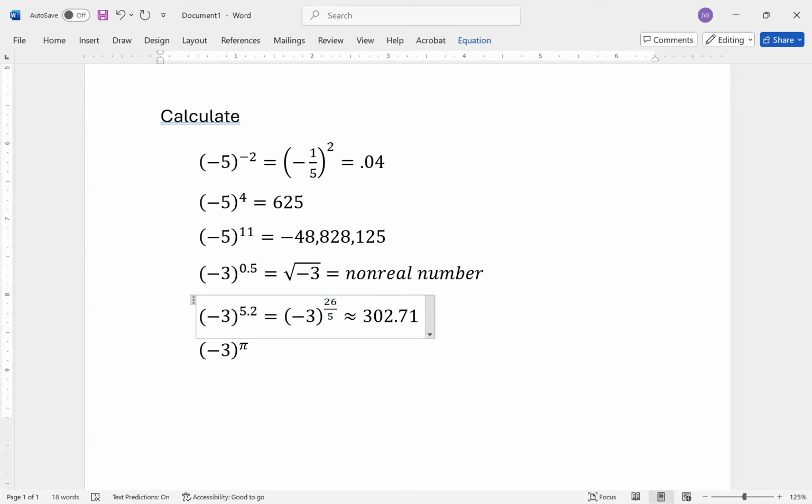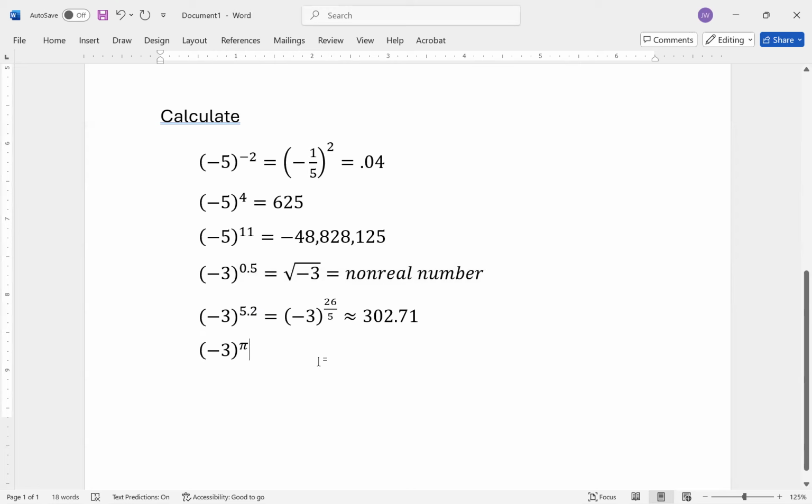And so what they would do is they would take a fifth root of -3 and then raise that to the 26th power. It's perfectly okay to take a fifth root because that's an odd number. It was not okay to take a square root because that's an even number.